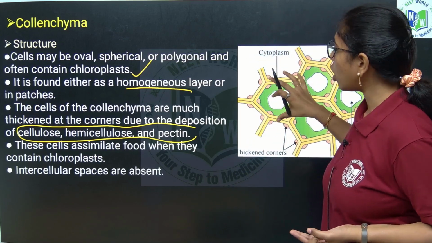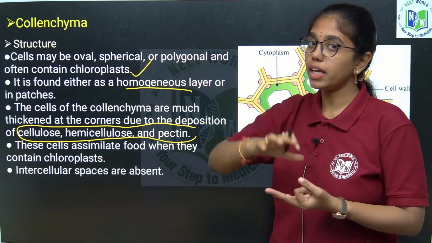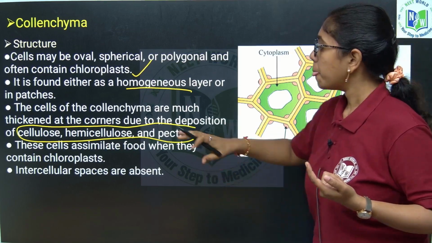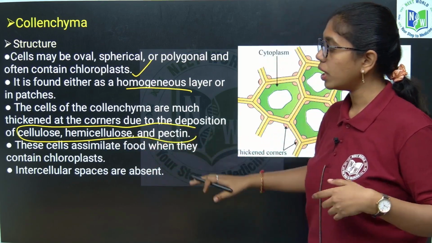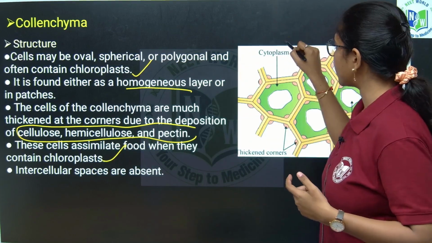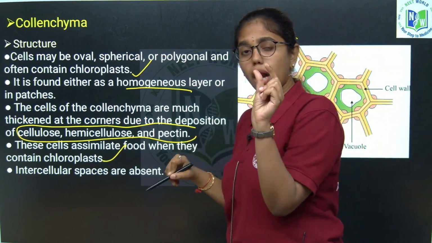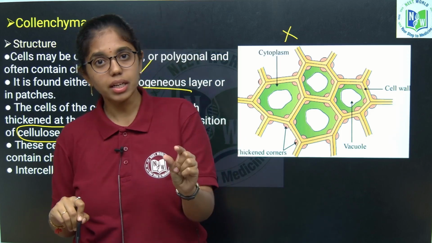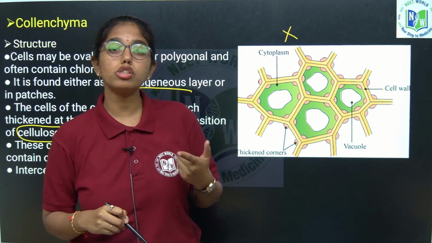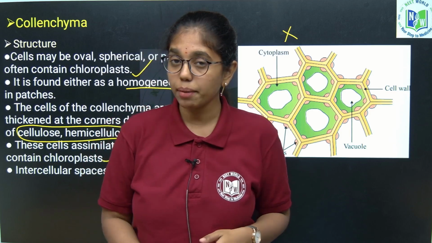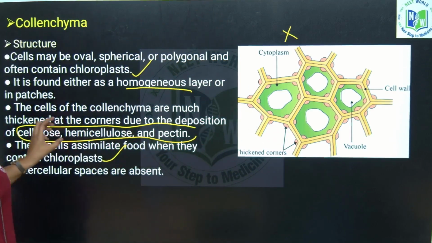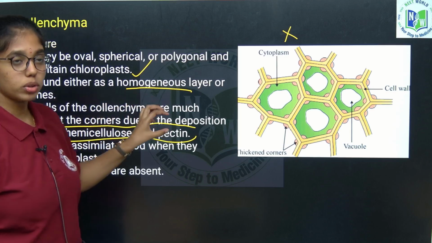These cells assimilate food when they contain chloroplast, and intercellular spaces are absent. Short intercellular spaces are present in parenchyma, and a thin cell wall with only cellulose is present in parenchyma. Here they have a thick cell wall composed of cellulose, hemicellulose and pectin.